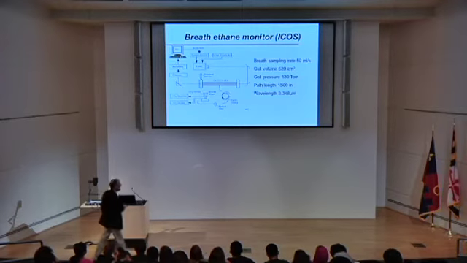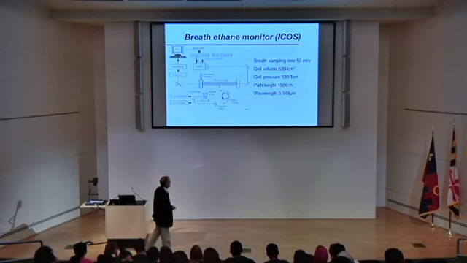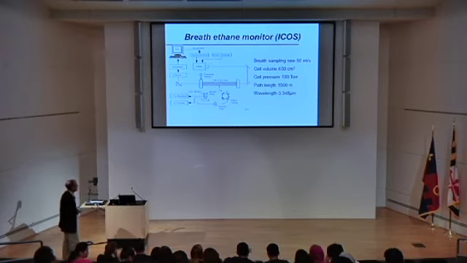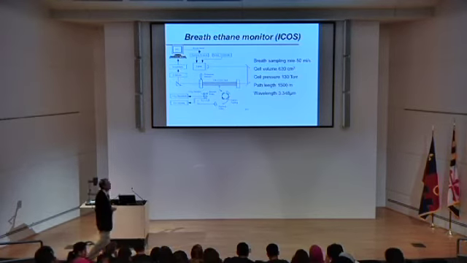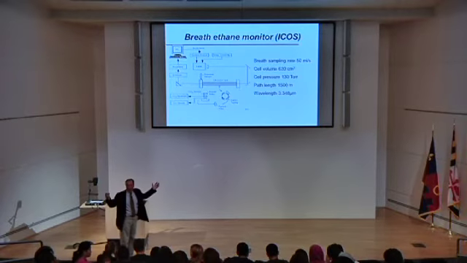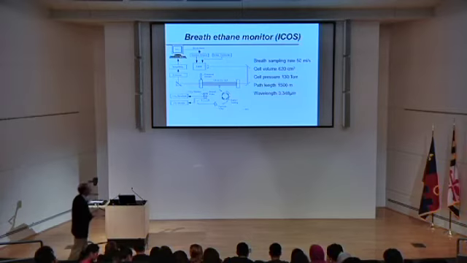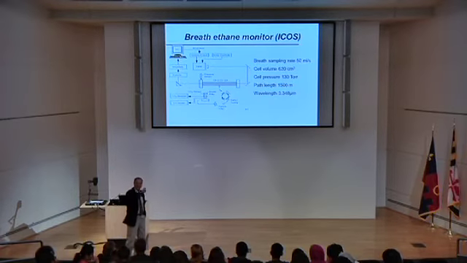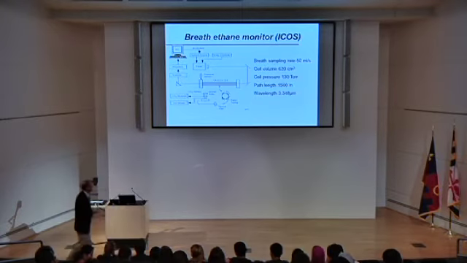Another molecule, obviously, was ethane, and for this we use ICOS. Once again, in the mid-infrared, we sampled it. This time we're looking at a large multi-pass system with an effective path length of 1,500 meters, done by mirrors where the beam shoots from one mirror to the other.